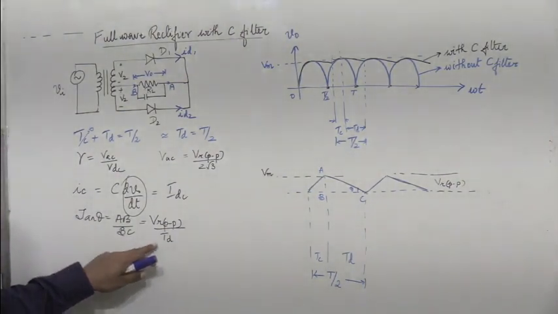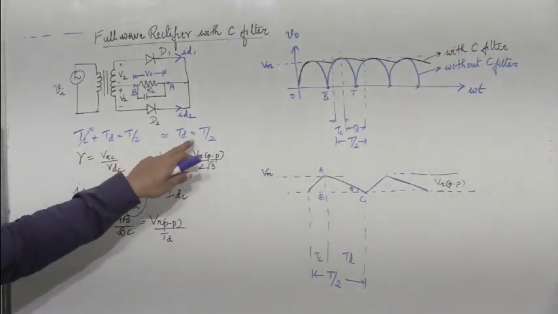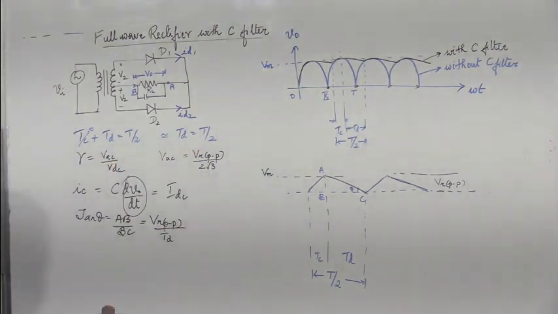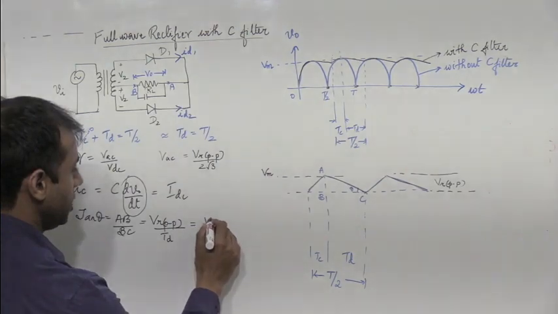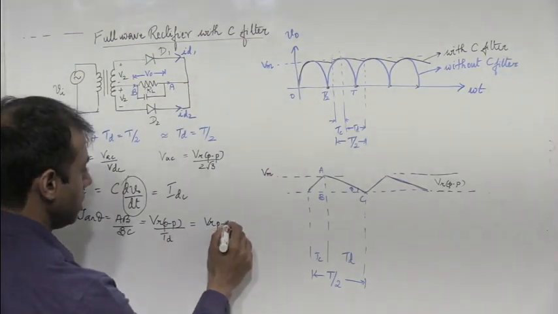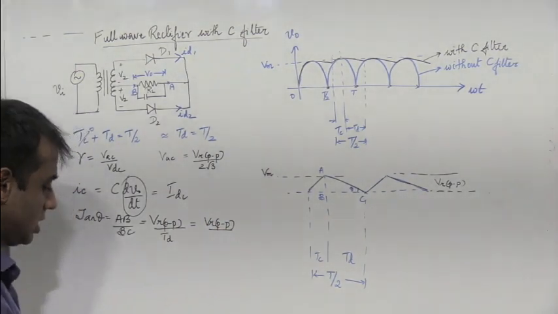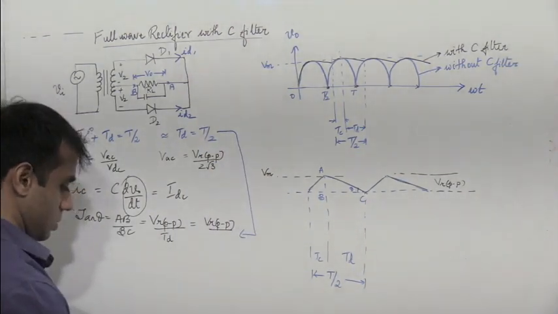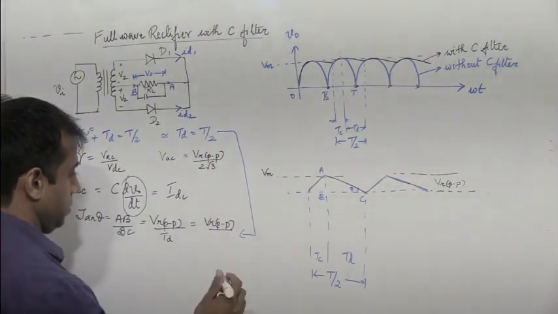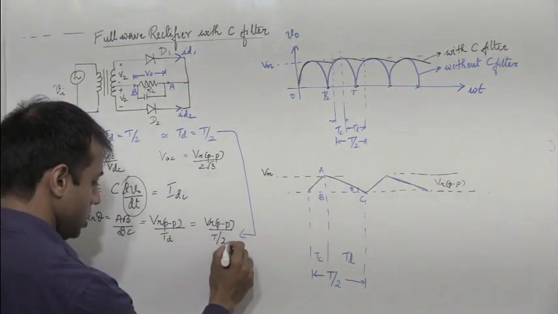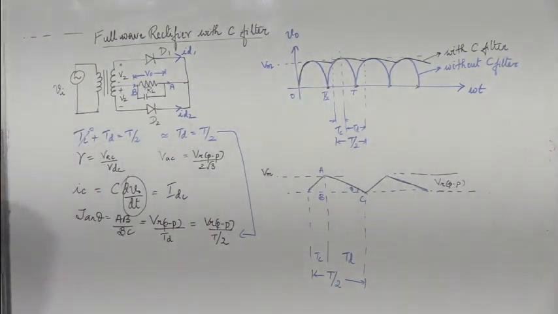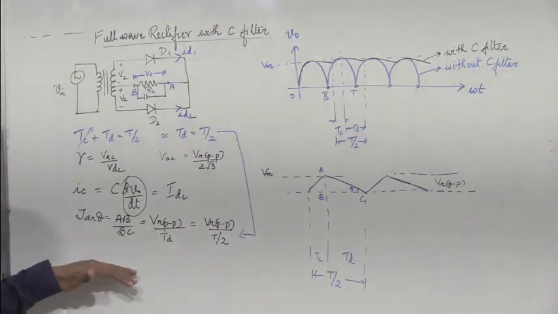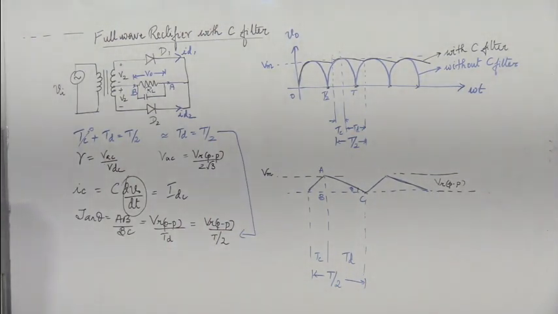Now we have assumed TD to be equal to T by 2, right? So let me substitute that here. VR peak to peak by TD, and TD is nothing but T by 2. So this is with the approximation.